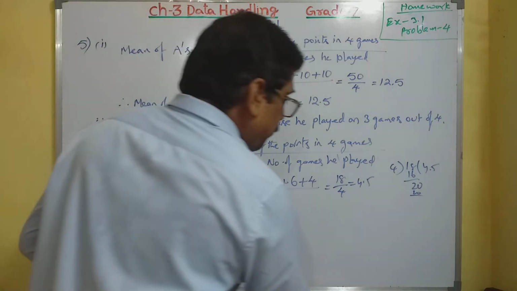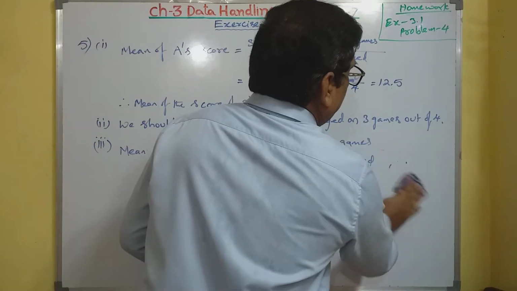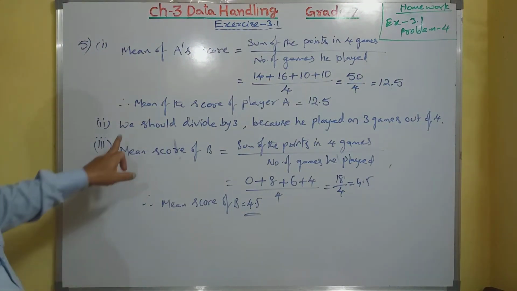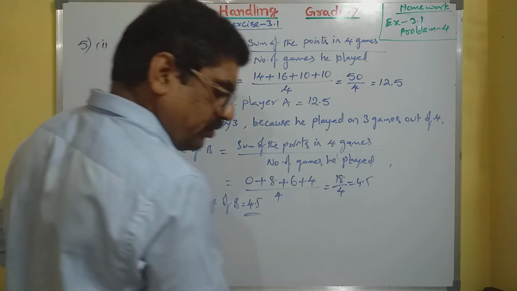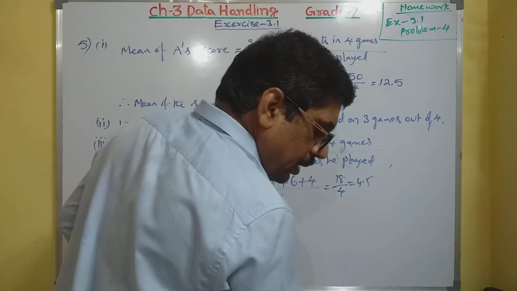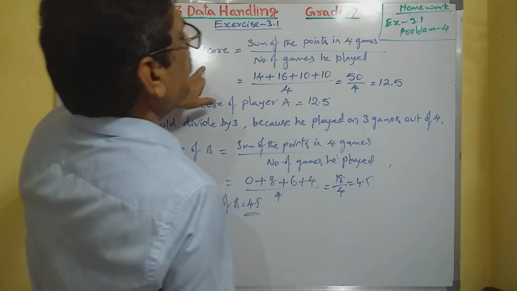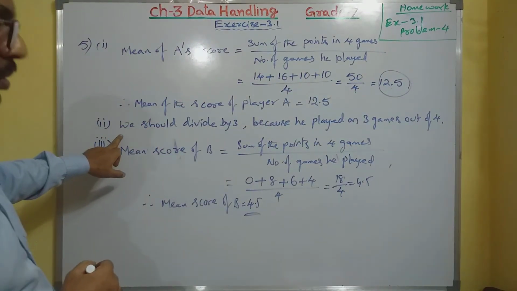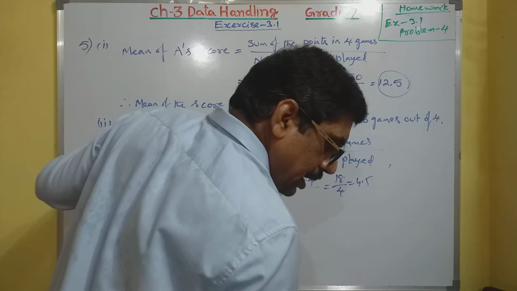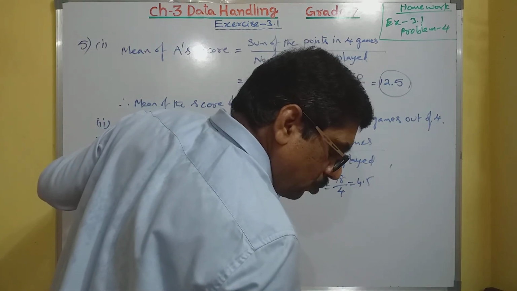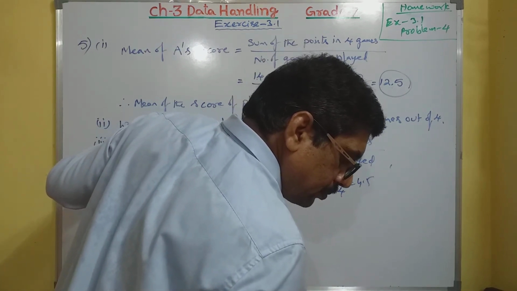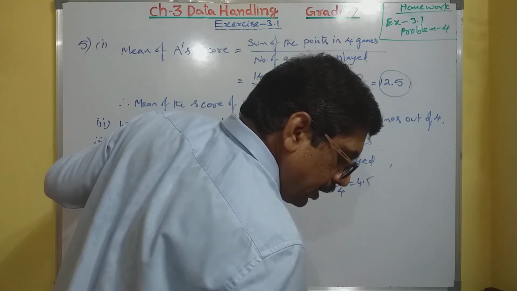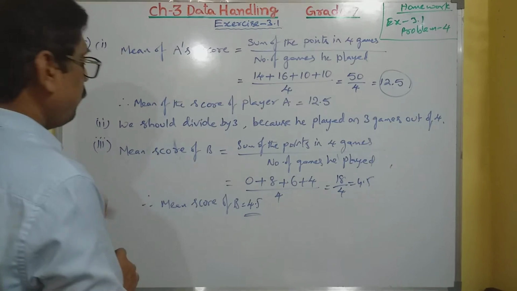Actually we didn't find the mean score of player B. Okay, so what is the mean score of the players? The mean score of player A is 12.5. And in the second question he asked us for C's score, and B also you find. So C's score we have to find.